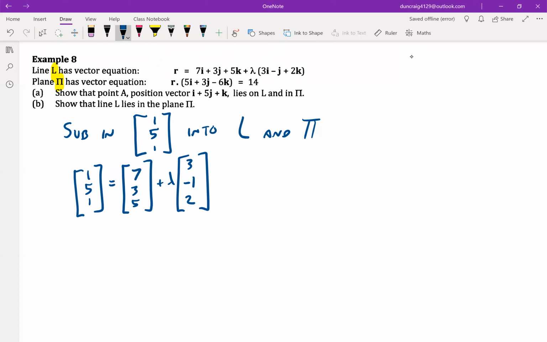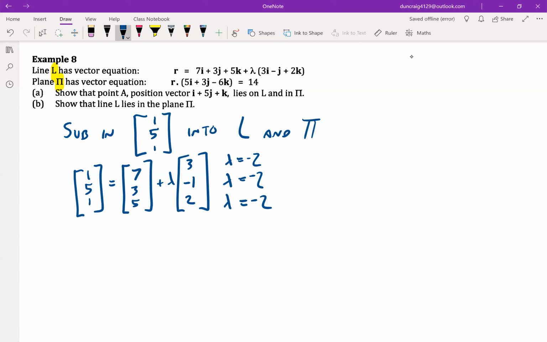So basically you've got 3 equations going there. You would have 1 is equal to 7 plus 3 lambda, so lambda would be equal to -2. 5 is equal to 3 take lambda, so that's 2. Yep, so lambda again in that second line would equal -2. And the third line, 1 is equal to 5 plus 2 lambda, so 2 lambda is equal to -4, so lambda's got to be -2. So that is true because at that particular point, lambda is the same for all of them. If you got a different value for lambda, that would not be true.